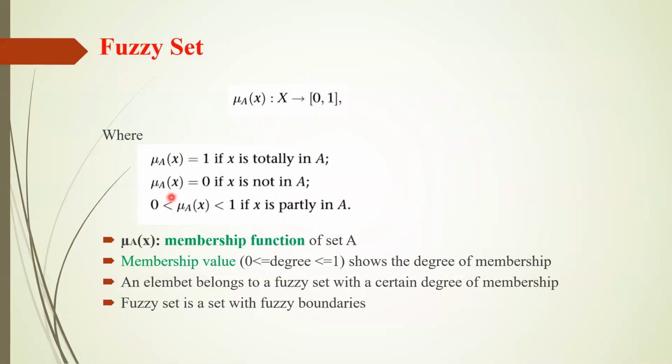For any element x of universe X, the membership function equals the degree to which x is an element of set A. This degree, a value between 0 and 1, represents the degree of membership, also called membership value, of element x in set A.